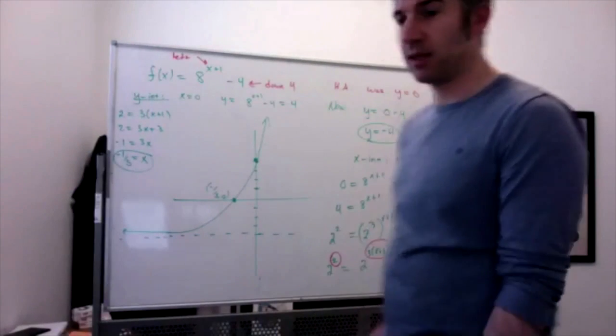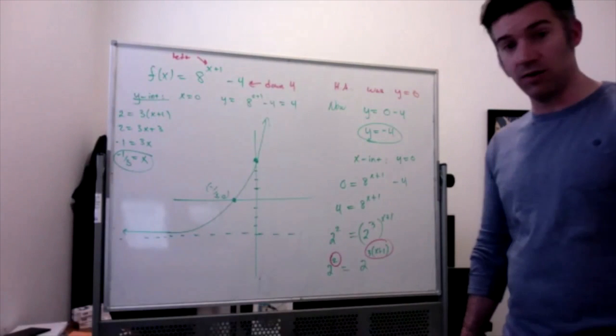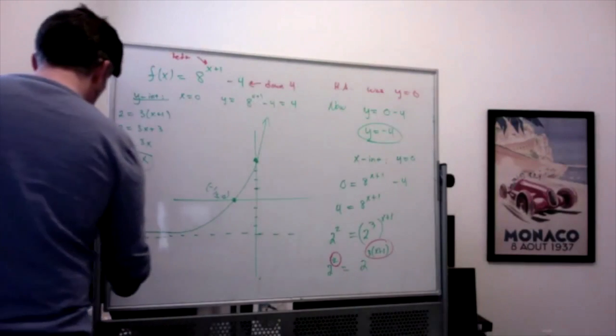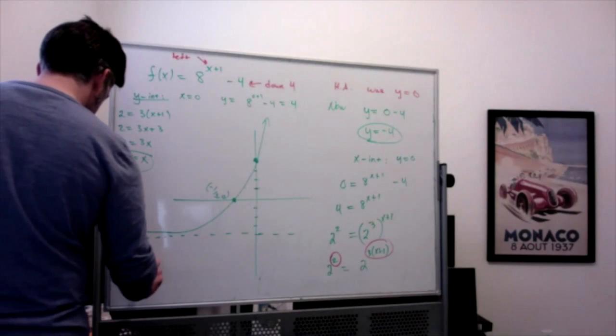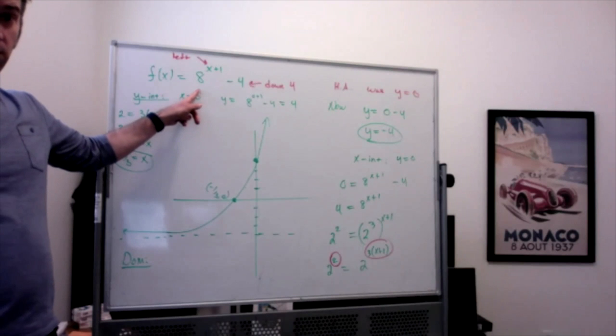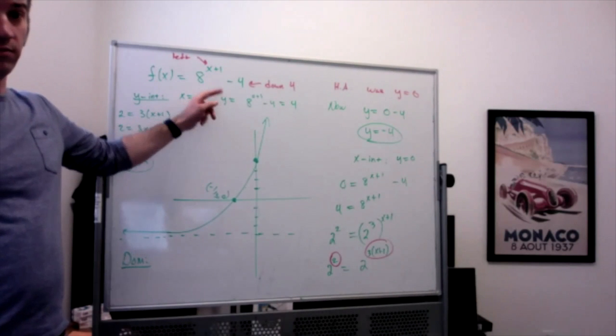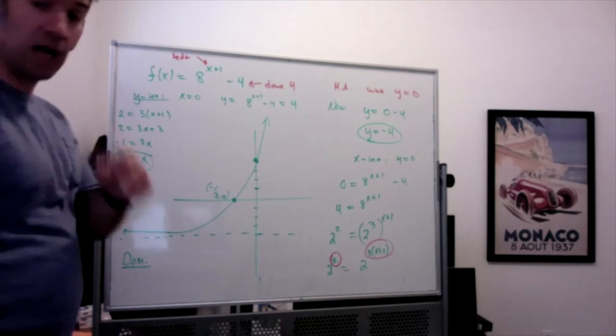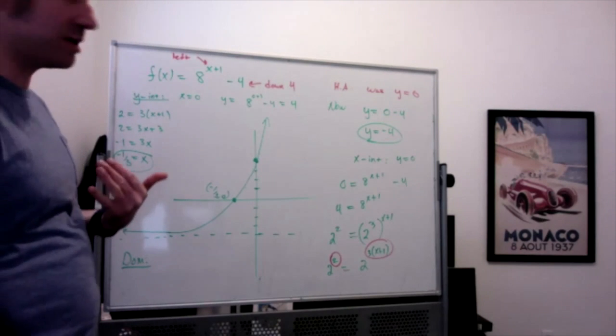All right. Last thing we need to do is write the domain and the range. So domain. Oh, first, about the x-intercept, it should actually be negative.